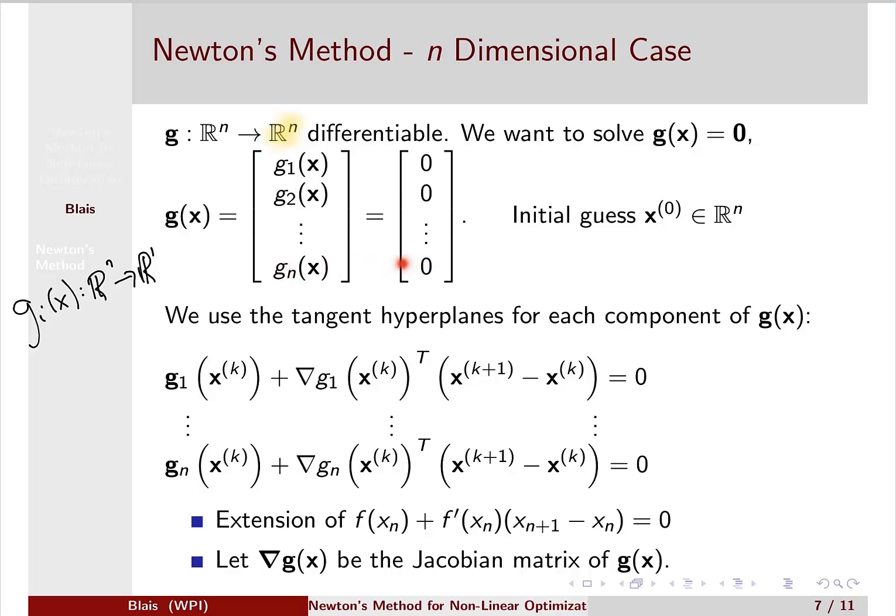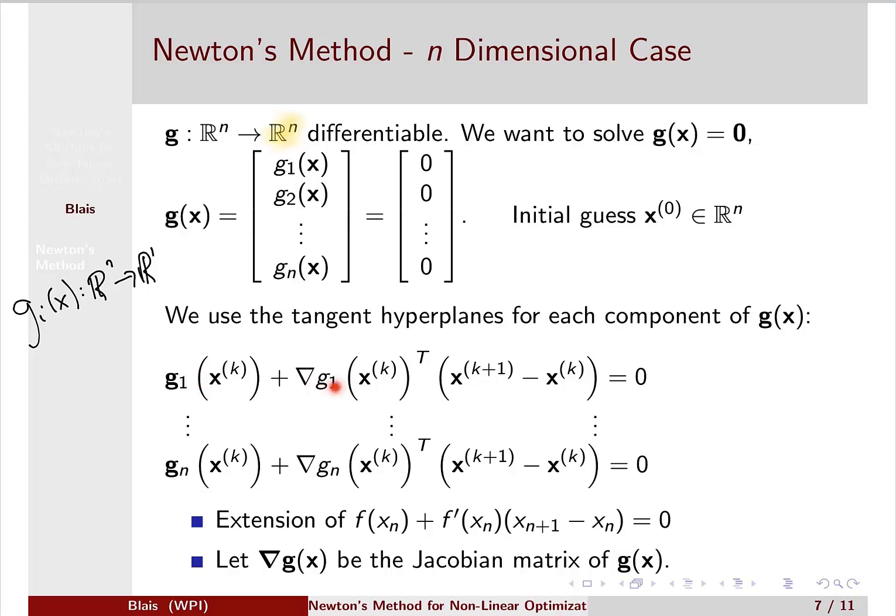And the idea there is that instead of taking a tangent line and finding its root, we are looking at the tangent hyperplanes for each one of these components of g. We know when we're working in higher dimensions like this that g1 of xk is a scalar.